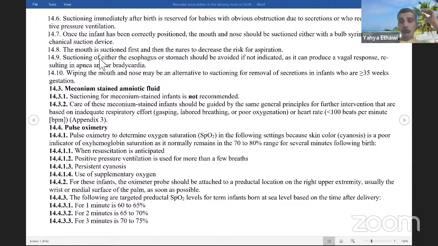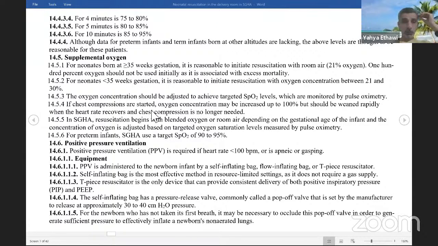Now the oxygen. I think I will stop here after the oxygen, and then next session I will start from positive pressure ventilation. For a neonate of more than 35 weeks gestation, you always need to give blended oxygen. Remember, blended oxygen at 21%. If you don't have a blender, start with 21%, but it's best to give blended, and you should be ready for that.